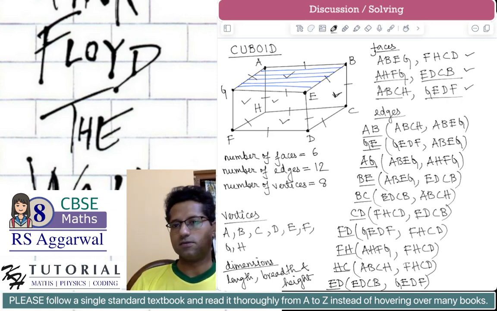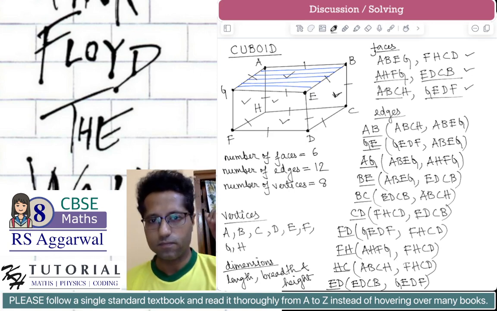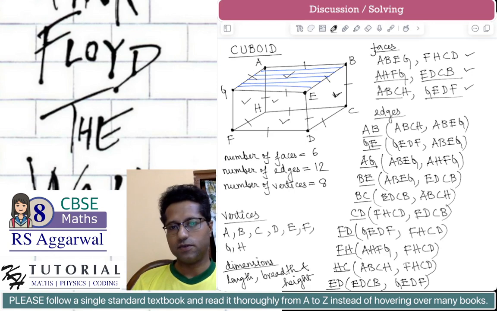These four faces which I have underlined are known as lateral faces. It's like if you consider a room in a house, the four walls are the lateral faces, and the floor and the roof are not considered as lateral faces. So a cuboid has four lateral faces.